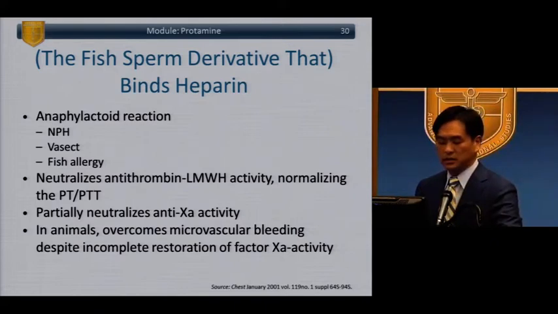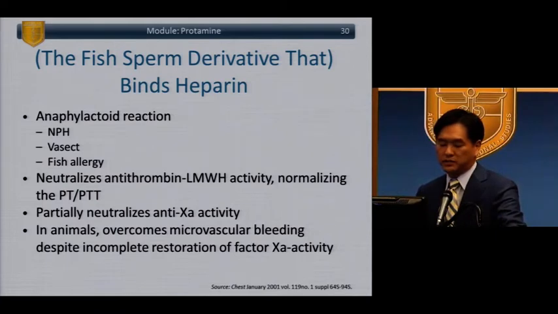People who are at risk for anaphylactoid reactions with protamine include diabetics who are on NPH, because the P in NPH stands for protamine, men who have had vasectomies, and people with fish allergies. The fish allergy and the previous exposure should be intuitive.